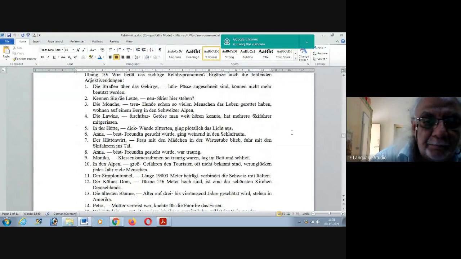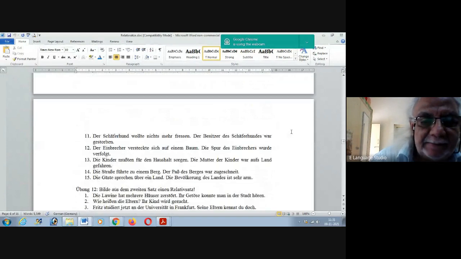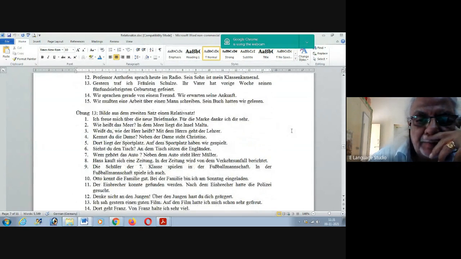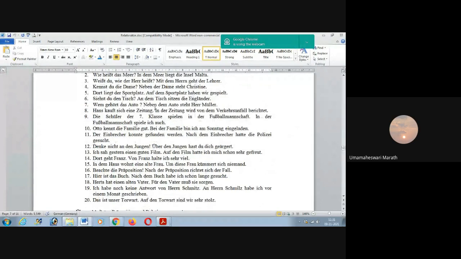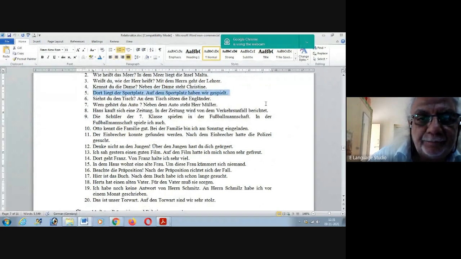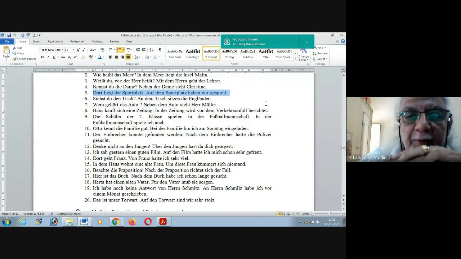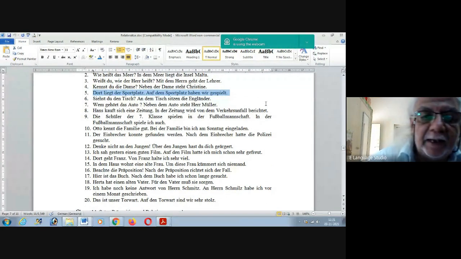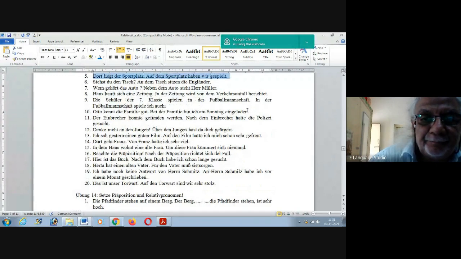You practice these 11 pages at your leisure, slowly. There are different kinds of Übungen here. Your relative Sätze, you should be able to master. For example, this sentence here. Dort liegt der Sportplatz, auf dem Sportplatz haben wir gespielt. Dort liegt der Sportplatz, auf dem wir gespielt haben. Wem gehört das Auto?